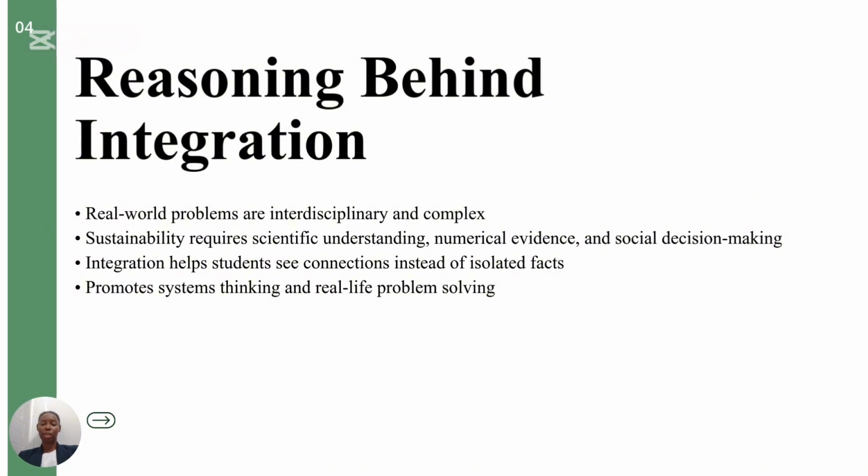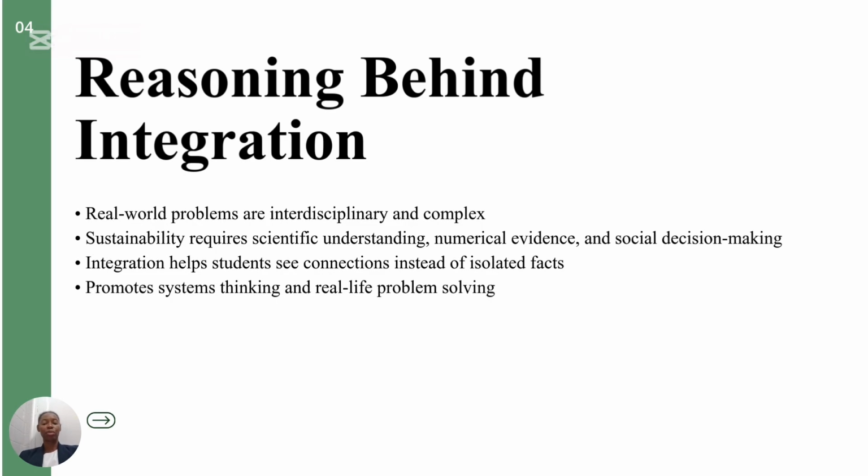So, to truly understand and address the challenges of sustainability, we needed to pull from various areas of knowledge like scientific understanding, numerical evidence, and social decision making. Now, when we integrate subjects in this form, we help students to learn to connect dots rather than seeing information as isolated facts, which promotes systems thinking that allows students not only to grasp the bigger picture but engages them in real life problem solving.